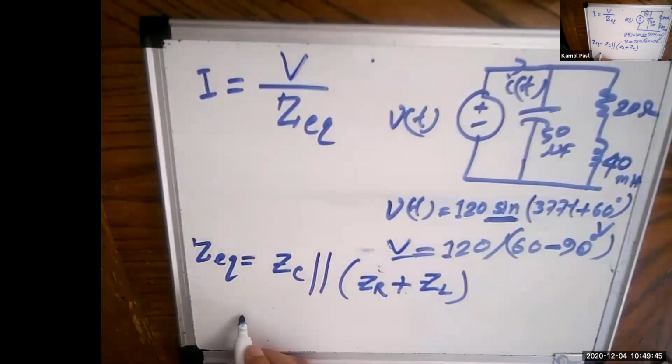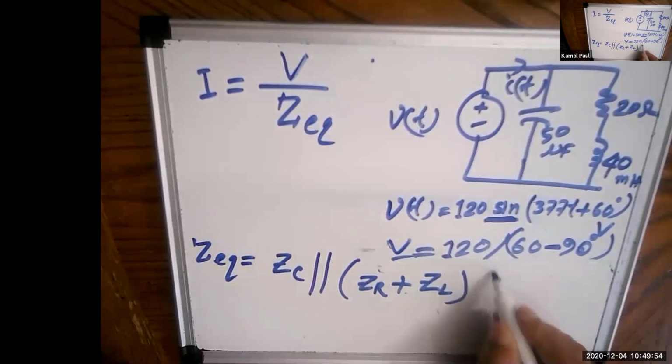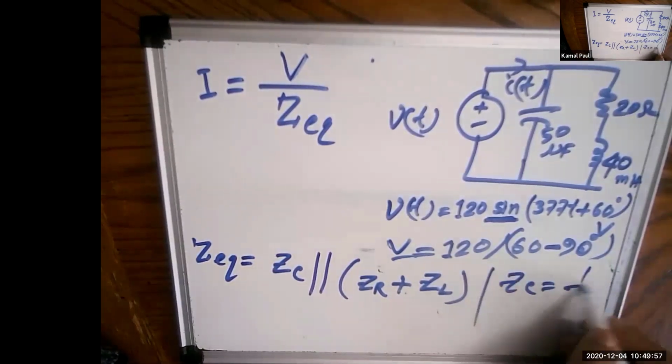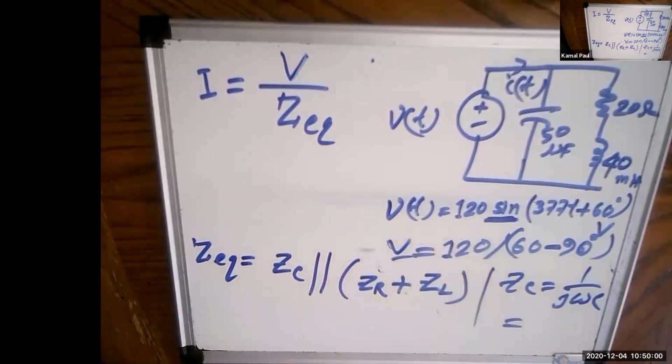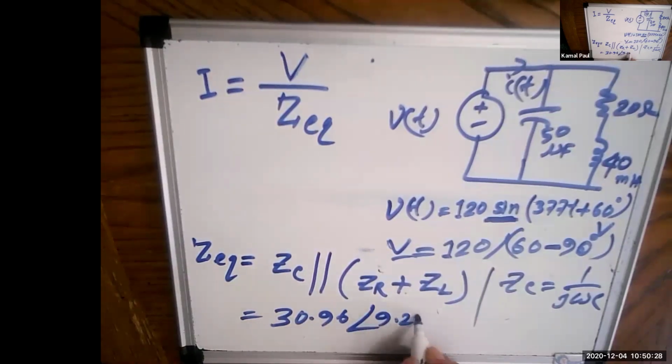Now, you know how to solve it, right? ZC is equal to 1 by j omega C. It will take a little bit of time, but the basic idea is you will get something like 30.96 angle of 9.239 degrees.